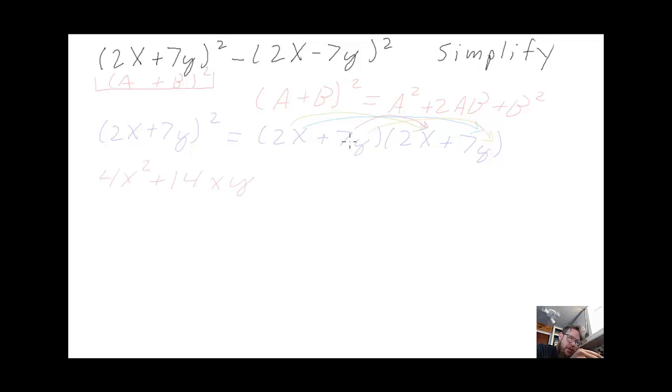Then we're going to do 7y times 2x. I should have multiplied that out. Let me erase that.